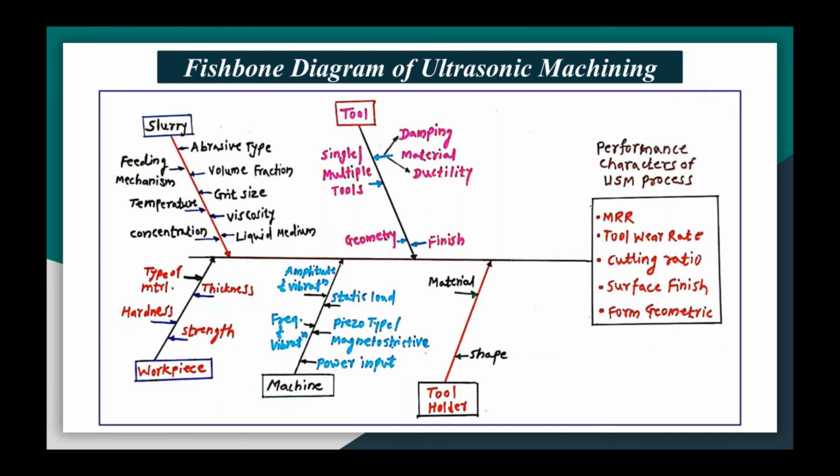Then frequency of the vibrations also affects the process performance. Okay, and finally there is another parameter which affects the performance of the process, that is the tool holder. Okay, and the shape of the tool holder and the material also affect to some extent the performance of this ultrasonic process. And now the question arises is how to evaluate the performance of this USM process.